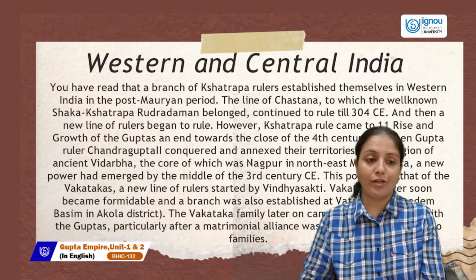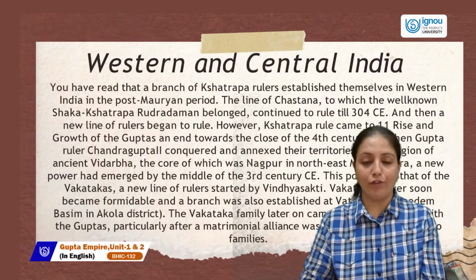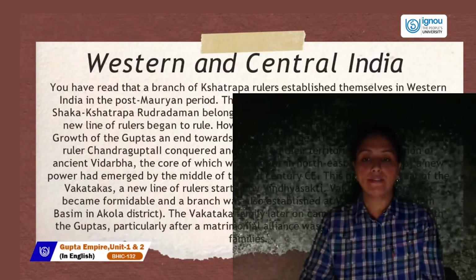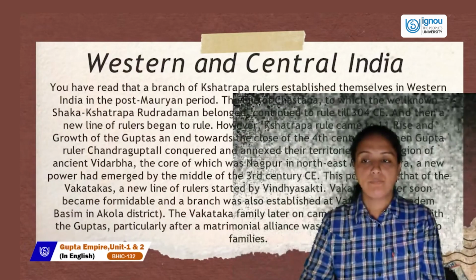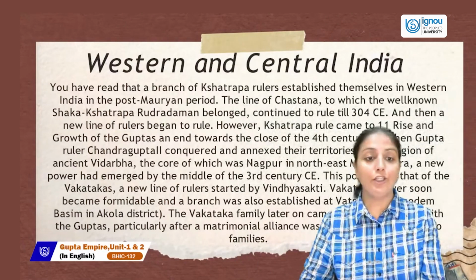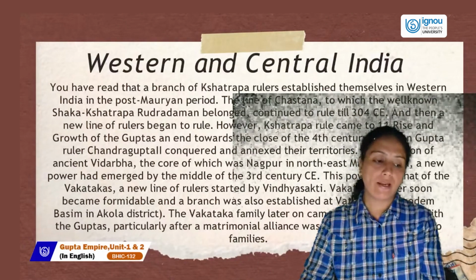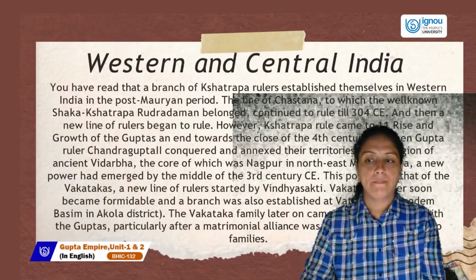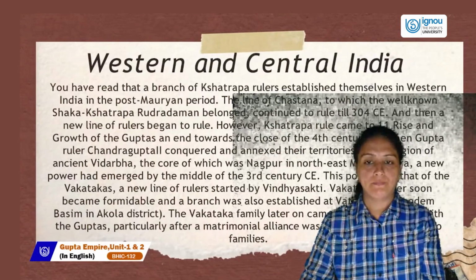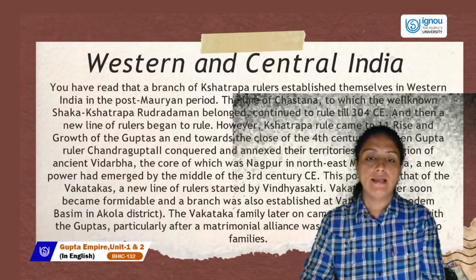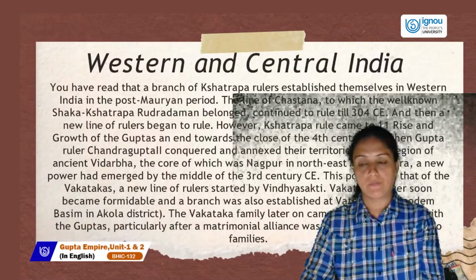In ancient Vidarbha, the core of which was Nagpur in northeastern Maharashtra, a new power had emerged by the middle of the 3rd century CE. This power was that of the Vakatakas, a new line of rulers started by Vindhyashakti.